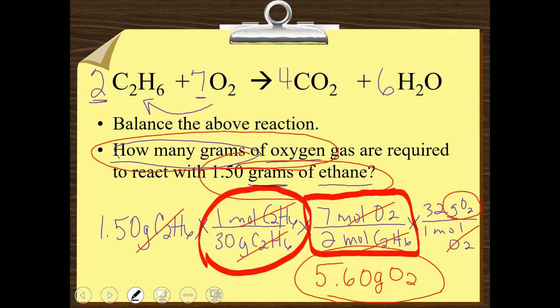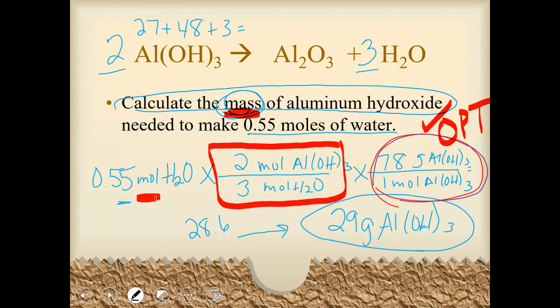This first step, where you go from grams to moles, this is optional. When do you need it? You only need it if your first number is in grams. If your starting number is in moles, like this one, there's no step 1 here. Do you see that? We went right to step 2, mole to mole ratio.